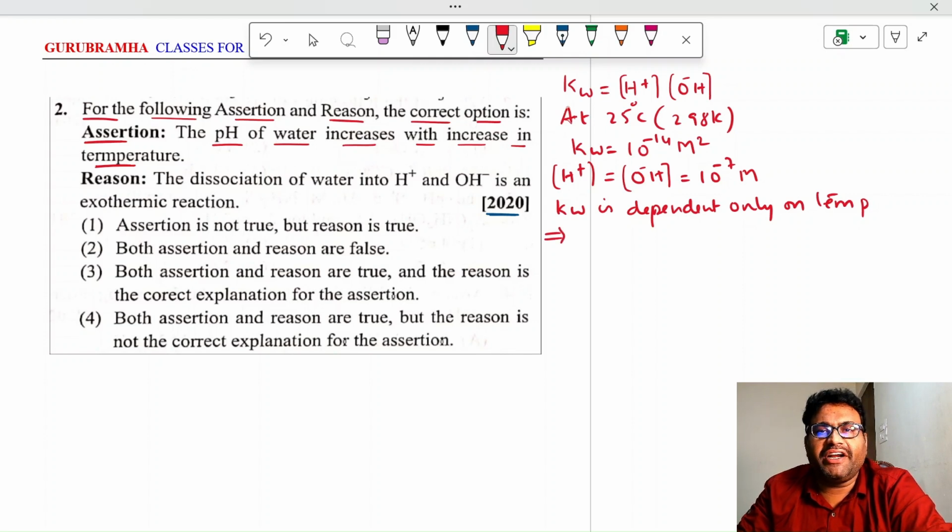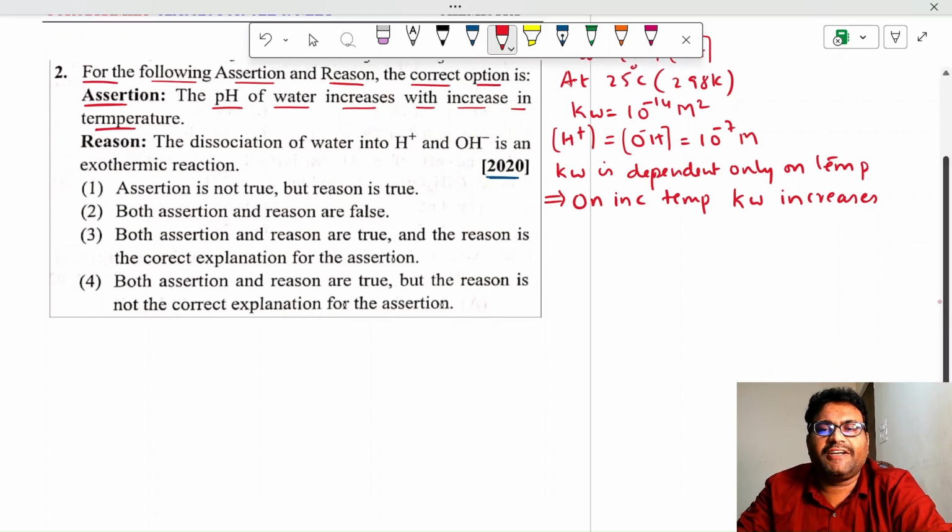On increasing temperature, Kw increases. That means on increasing temperature, Kw will be greater than 10 power minus 14.